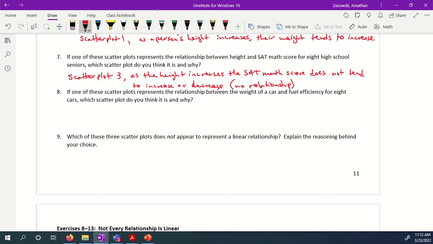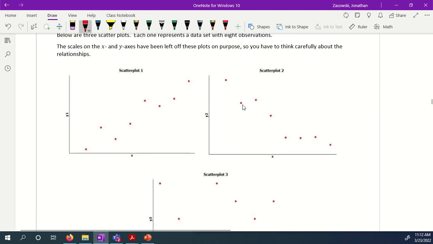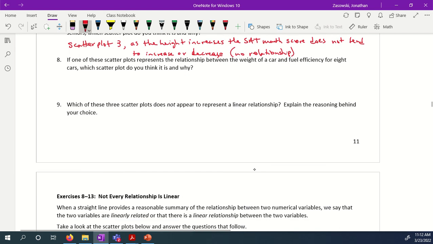Okay? All right, if one of the scatter plots is a relationship between weight of a car and fuel efficiency, which do we think it is? So if the car gets heavier, do you think that the gas mileage should get bigger or smaller? You would say the heavier the car, the fewer miles per gallon it's going to get. So it should be scatter plot 2. Okay.